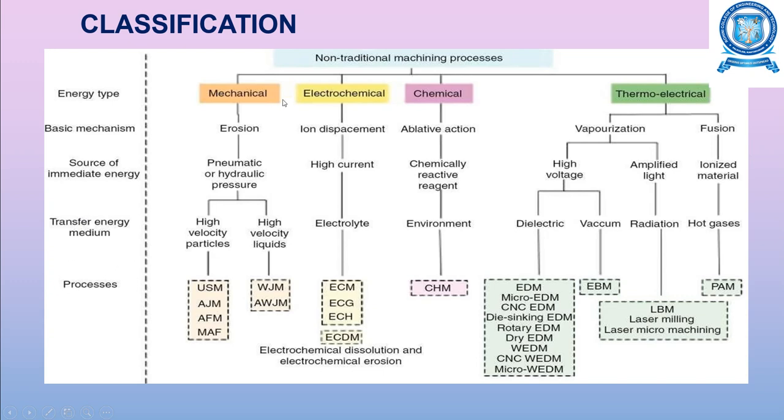And the processes used here: in mechanical non-traditional machining processes, USM, AJM, AFM, MAF, and for high velocity liquids you have WJM, AWJM. For electrochemical you have ECM, ECG, ECH, electrochemical dissolution and electrochemical erosion. For chemical non-traditional machining process you have CHM.